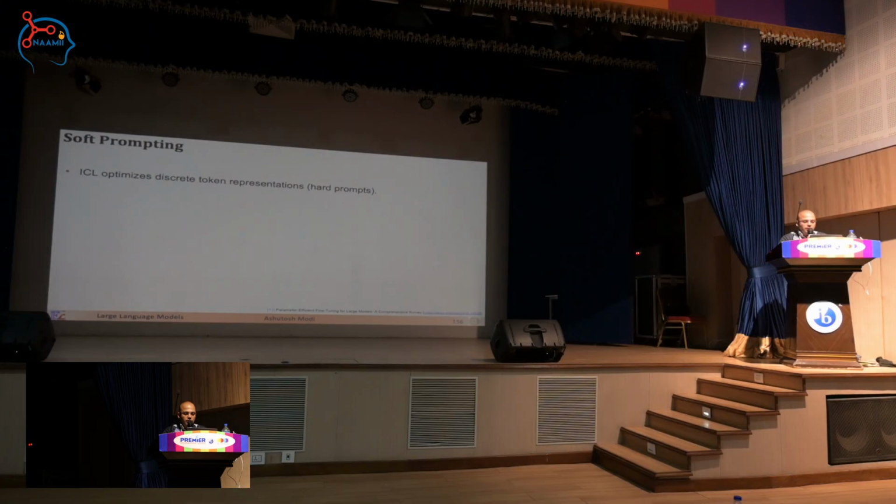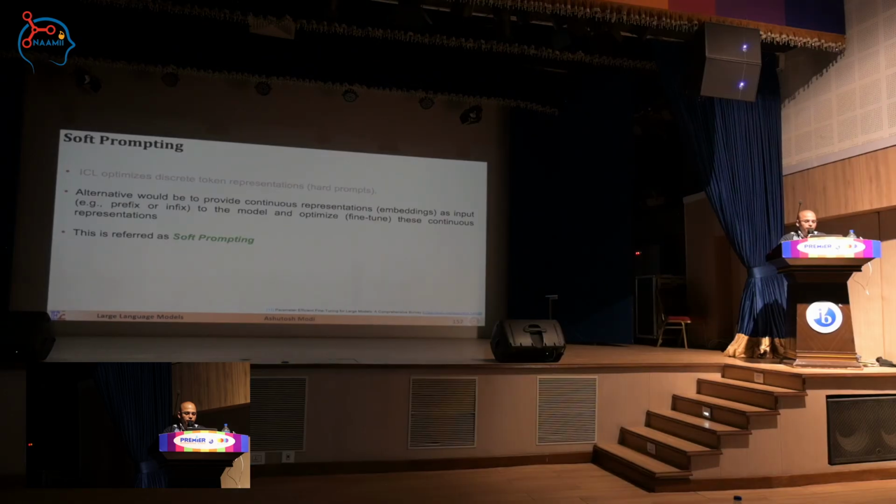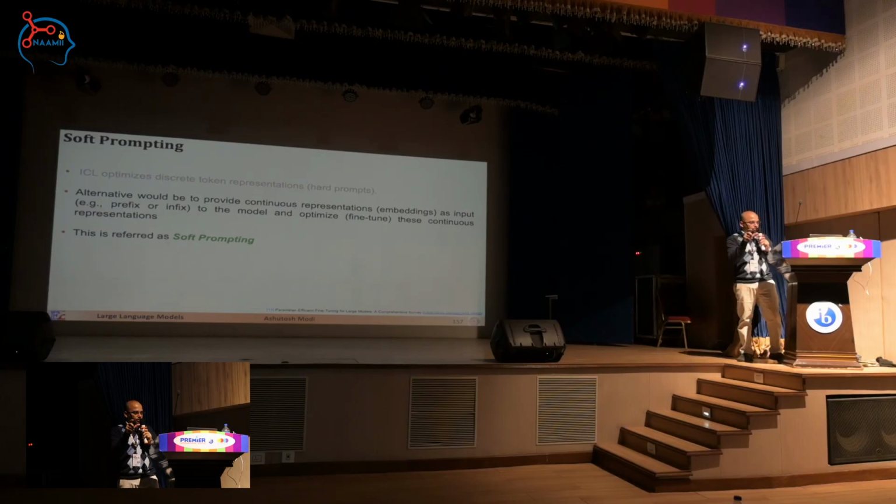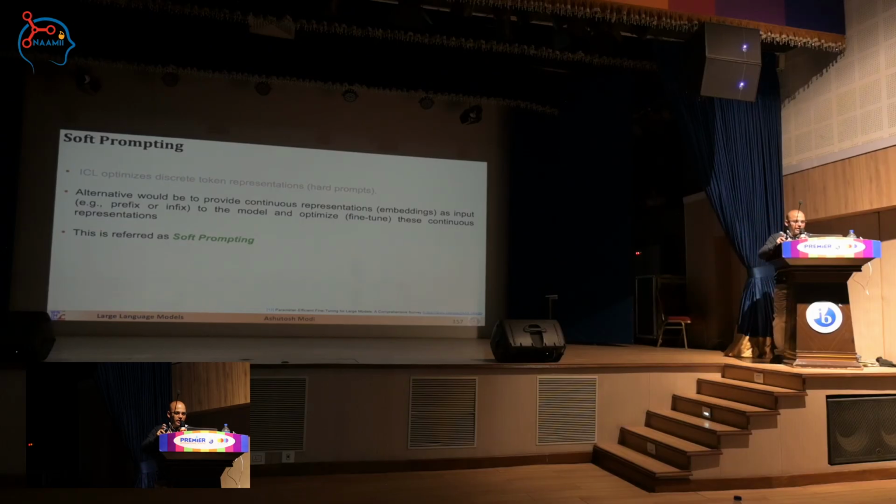Another way could be, what if instead of giving these discrete tokens, we gave continuous representations or embeddings as input, for example as a prefix to the task that we want to do, and fine tune these embeddings along with the rest of the parameters of the model? Or maybe don't fine tune the parameters of the model at all, you just fine tune these embeddings which are given as soft prompts to the model along with the task. And no wonder this is called soft prompting, right?